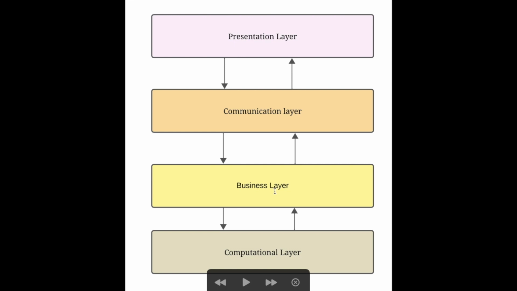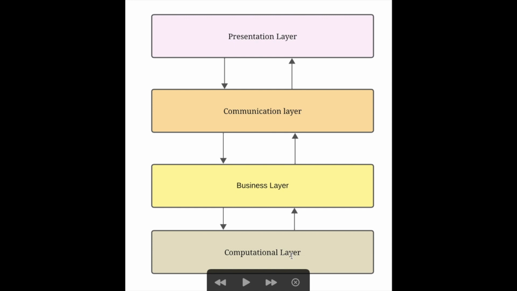Depending upon the code we have written, it will give data to a class or a function, and the data will be transferred to the computational layer. Depending upon the data it is receiving from the business layer, it will do the computation.